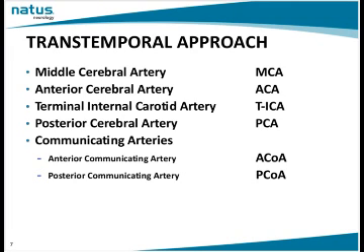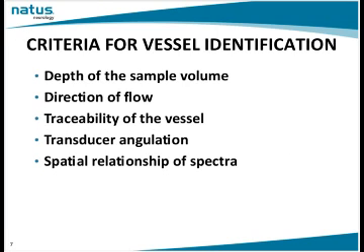That's what we expect to find in a normal exam. The only time that we'll find the anterior communicating or the posterior communicating arteries is when the patient has collateral flow. Otherwise, they are not part of a routine exam.